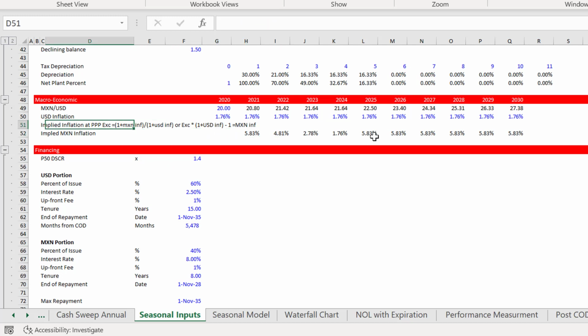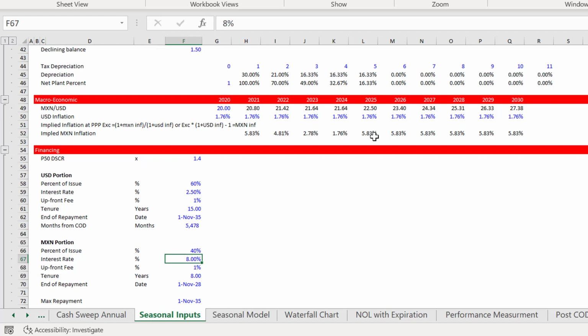The PPP is 1 plus the local currency divided by 1 plus the base currency. That's the rate of change in it. So you can back into the implied inflation to keep it. PPP is not public-private partnership; PPP is purchasing power parity there.